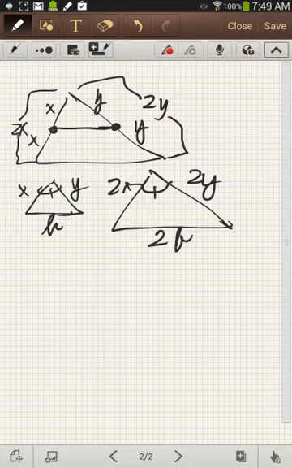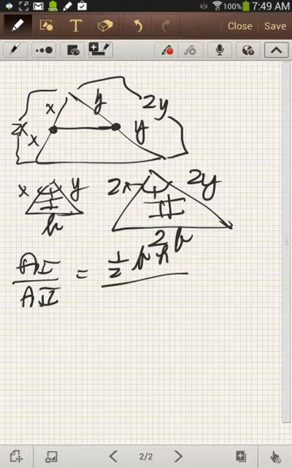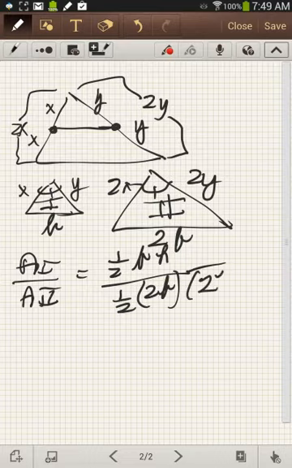So one way of seeing that square relationship again is to compare the two triangles, triangle 1 and triangle 2. So the ratio of their areas is 1/2 base times the height, and the second one is 1/2 its base, 2b, times its height, 2h. Where did that come from?